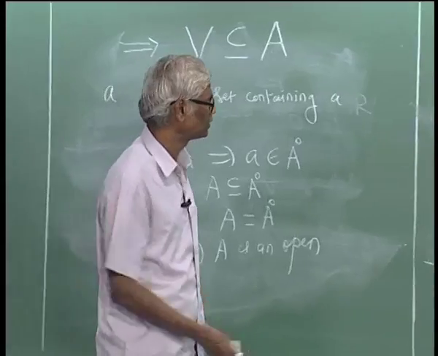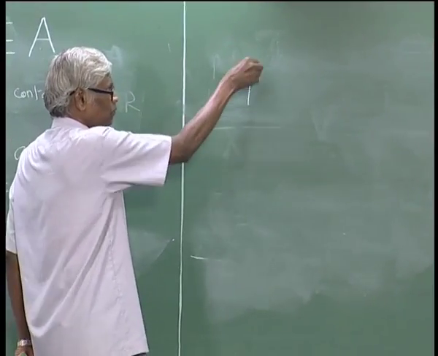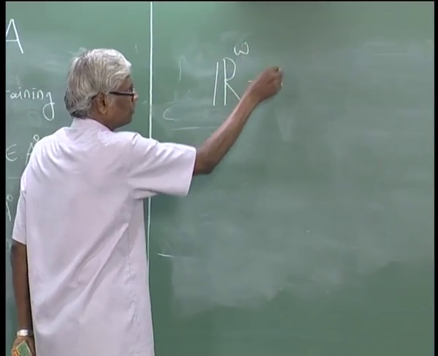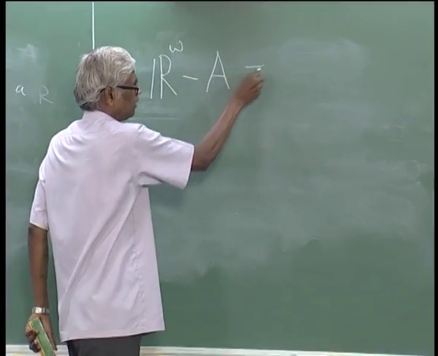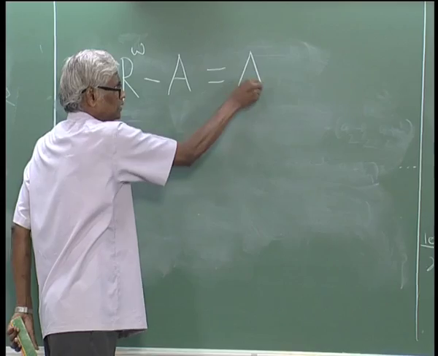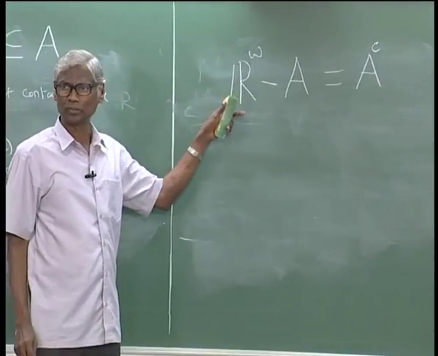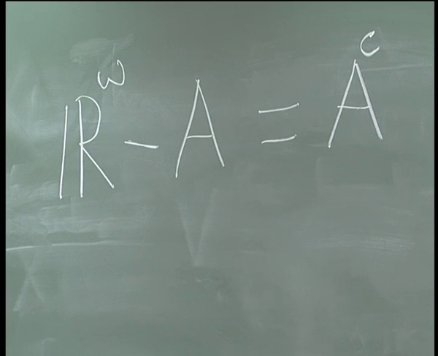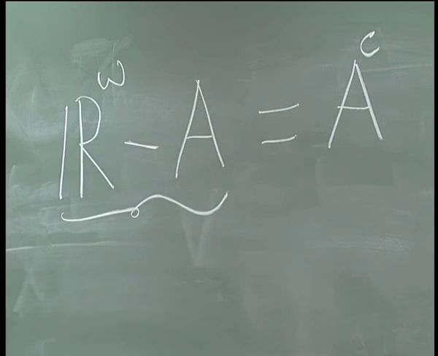Such sequences we call unbounded, that is, from R power omega we remove the set A. This we call the complement of A with respect to R power omega. Now we can prove that even this set is also open.